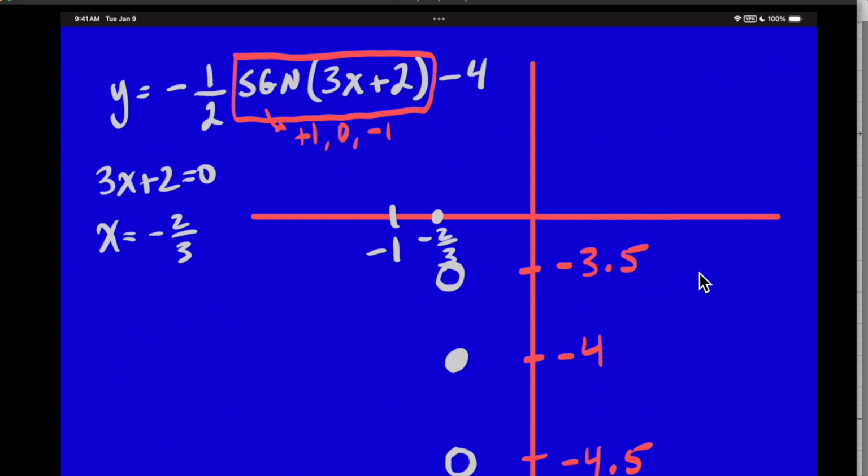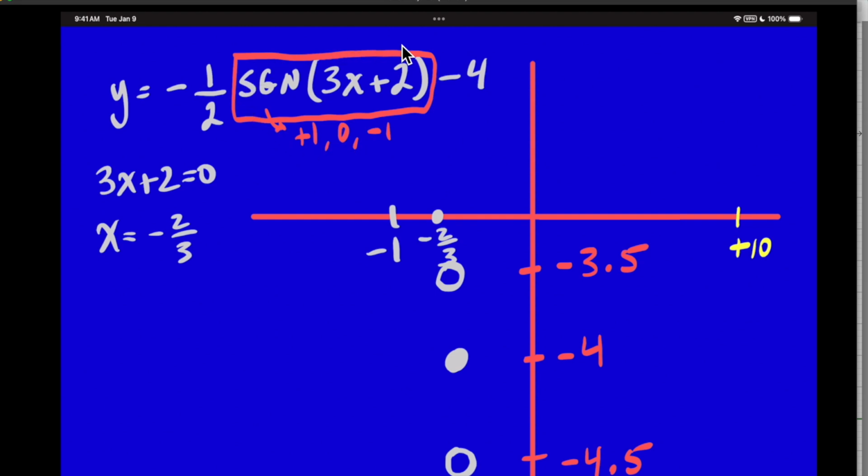Is this going to go to the right or the left, and vice versa? So to do that, we plug in extreme points. So let's take an x value way out here. Let's use positive 10. If we put in an x value of positive 10 and we insert it into this parentheses, we're going to get 30 plus 2 is positive 32.